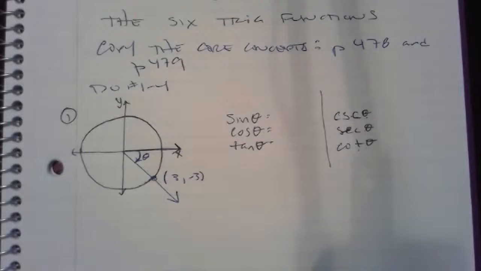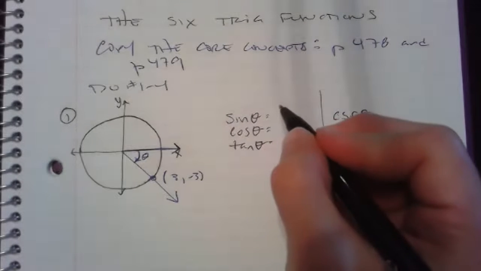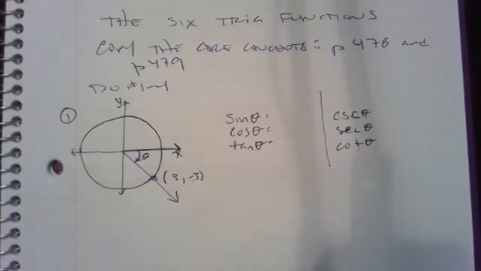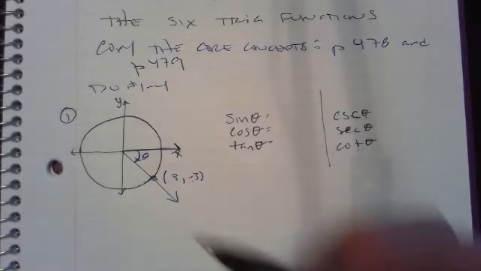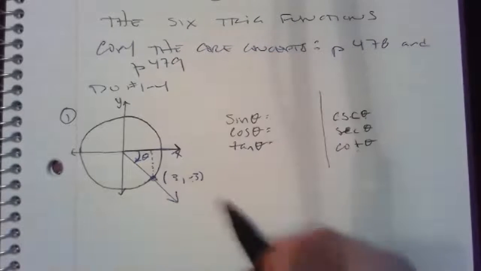Now, you're looking at the core concept on page 478 to follow along with me. So the sine, they say, is y over the radius. So I guess we actually have to figure out what is the radius in this case, because this is clearly not on the unit circle.